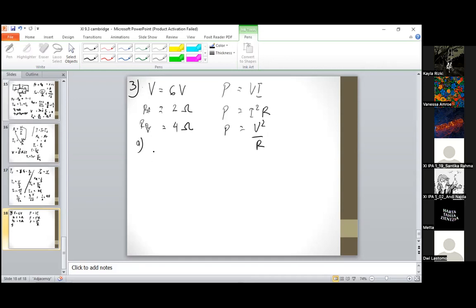A, like this. 2 ohm and 4 ohm. This is 6 volt.